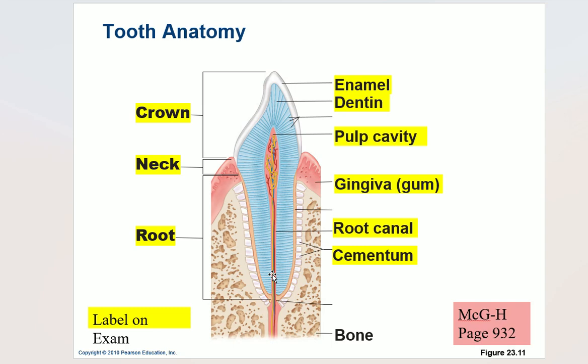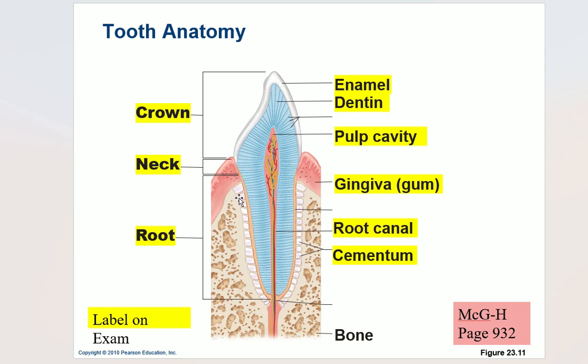Gums or gingiva are down in this section right here, in the middle section, right? The crown is the exposed part that you see. The neck is the part of the tooth that is in the gum and the gingiva right there.